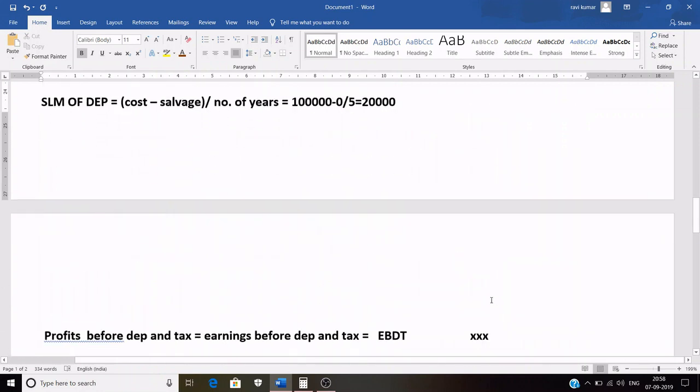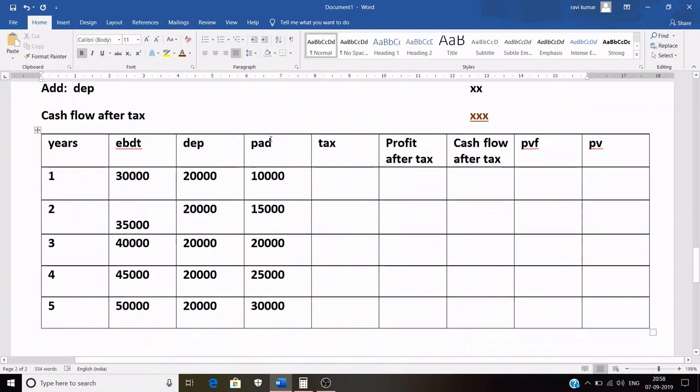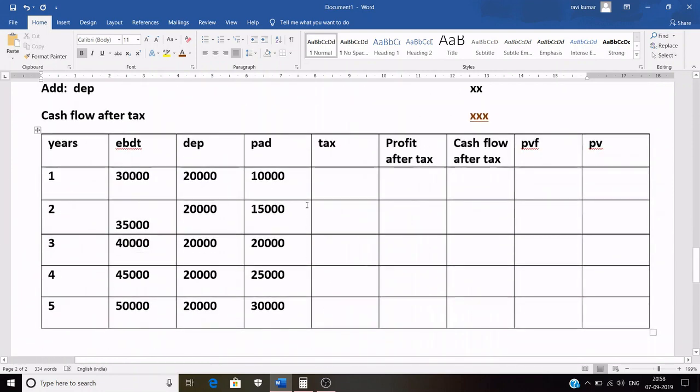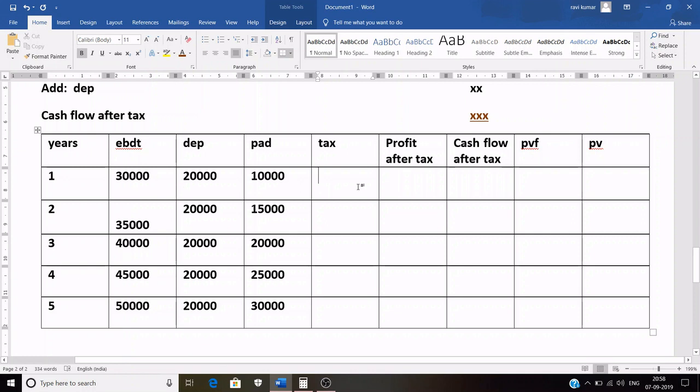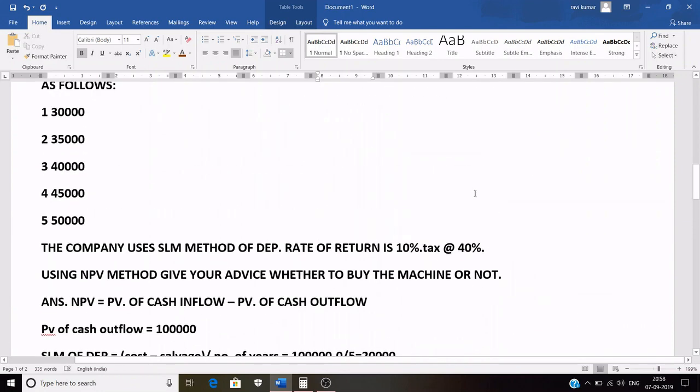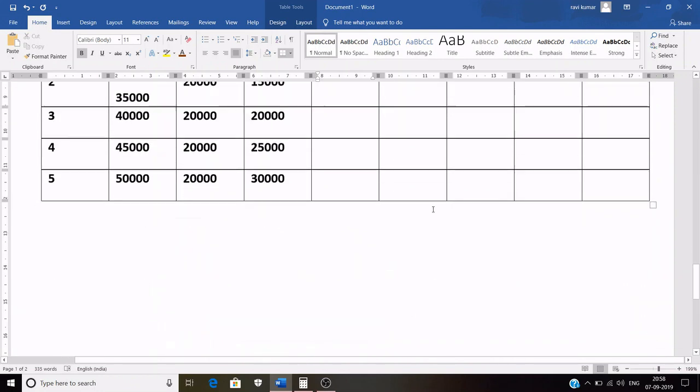So now we will calculate tax on PAD, profit after depreciation, at the rate of 40%. So 10,000 at 40% is 4,000 rupees. We are calculating tax, remember, at the rate of 40% that we assume in the question. That 40% would remain in the question when you do it.